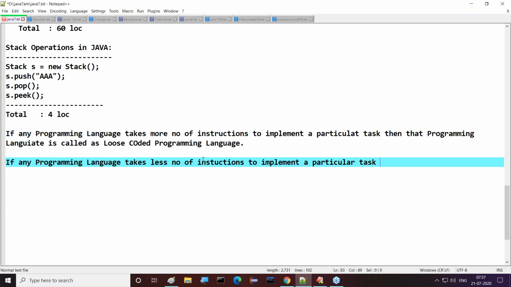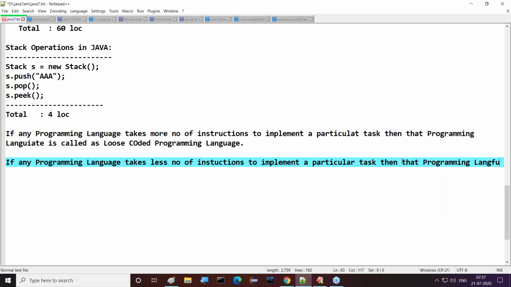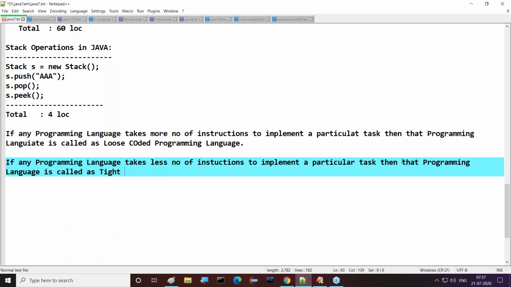If any programming language takes fewer instructions to implement a particular task, then that programming language is called a tightly coded programming language. The programming language is called which one? Tightly coded programming language. Guys, all of you observe this clearly.